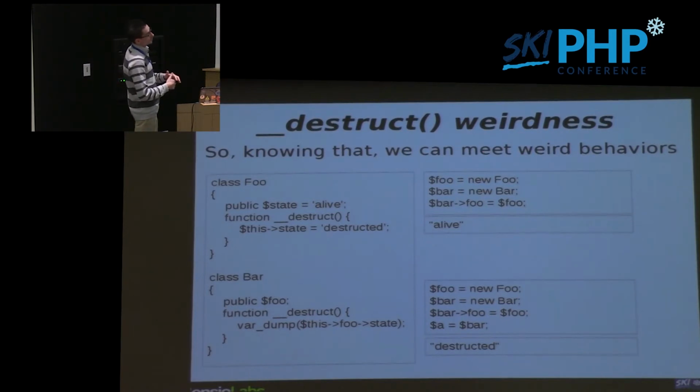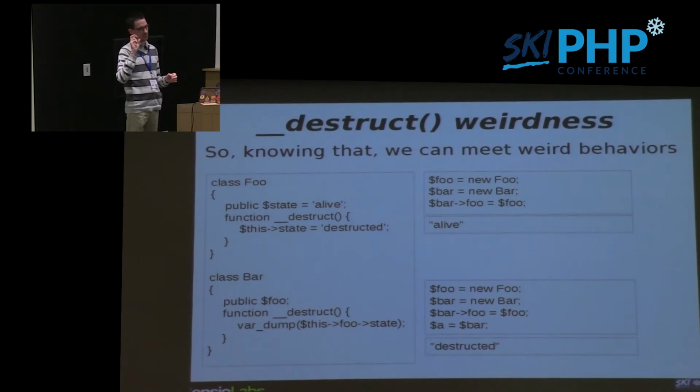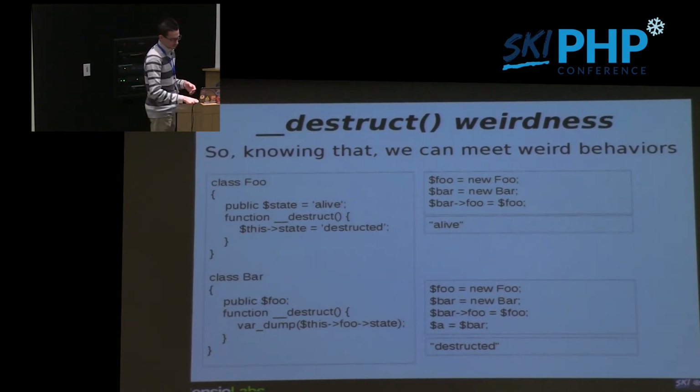As you can see, in the destruct of bar, I access foo's state, and foo's state can be changed. It depends on the ref count, so the number of PHP variables pointing to an object. So that's quite tricky.